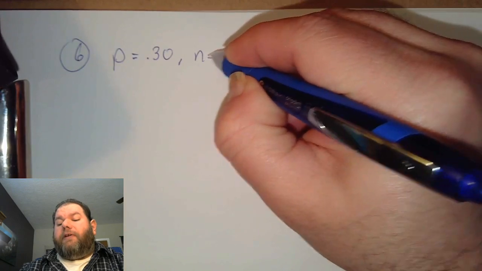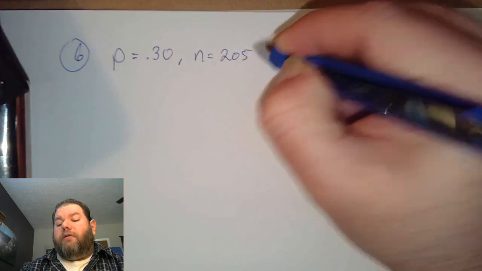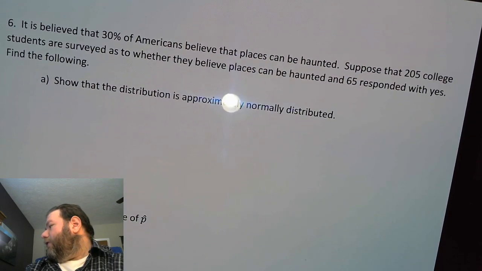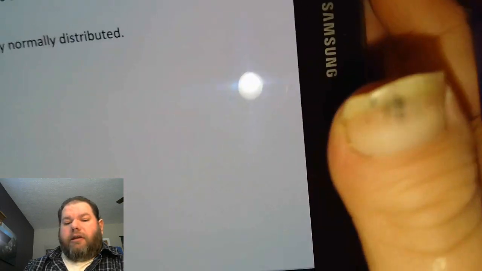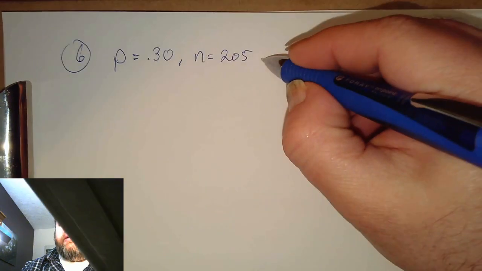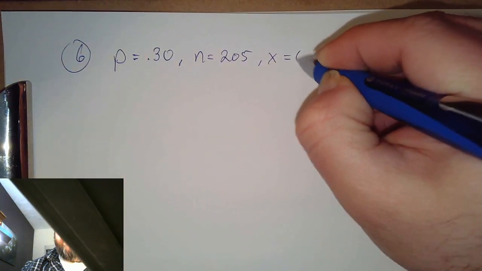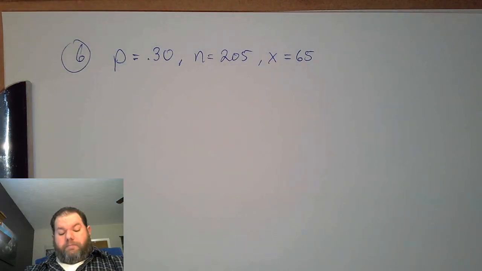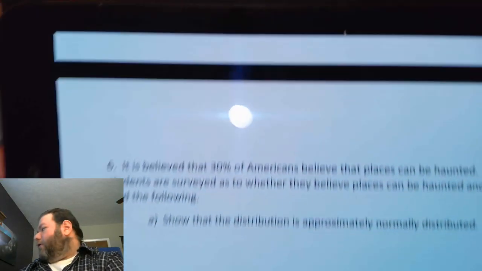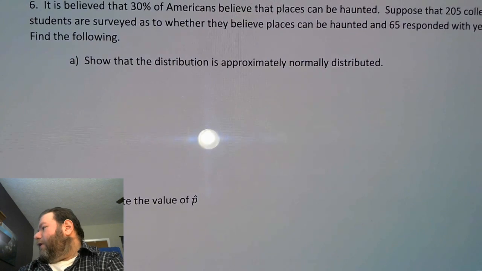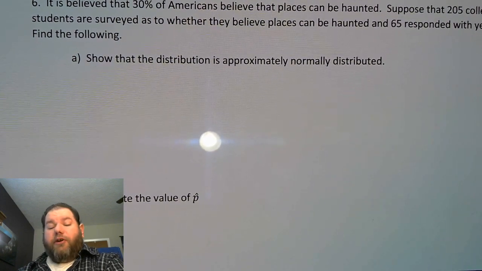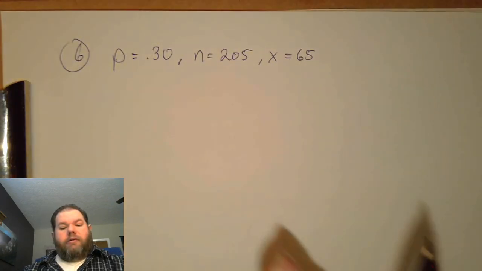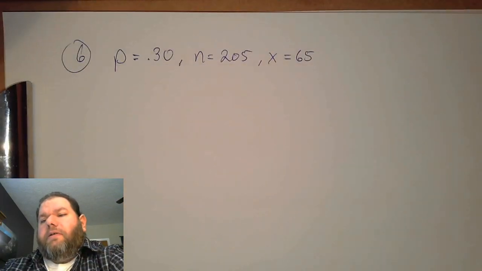That's our sample size N. And 65 responded with yes in this survey, and so that is our X. Okay. First thing we want to do here is A, show that the distribution is approximately normally distributed.